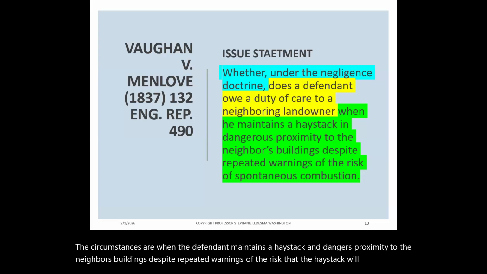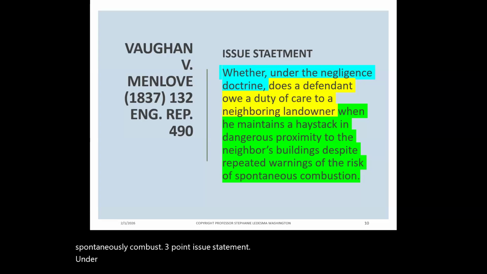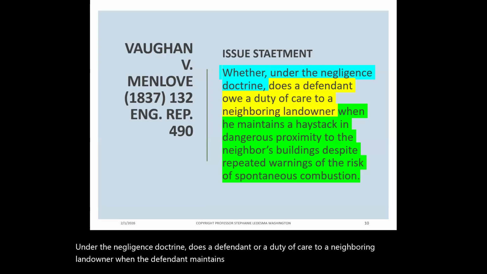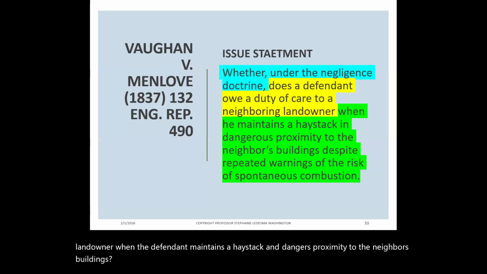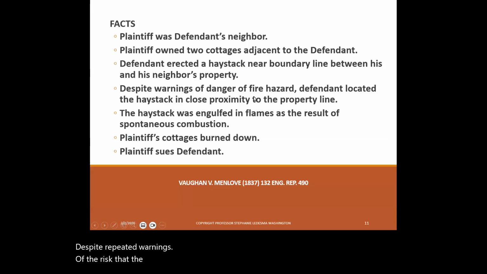Three-point issue statement: under the negligence doctrine, does a defendant owe a duty of care to a neighboring landowner when the defendant maintains a haystack in dangerous proximity to the neighbor's buildings, despite repeated warnings of the risk that the haystack may spontaneously combust? Well, what are the facts?